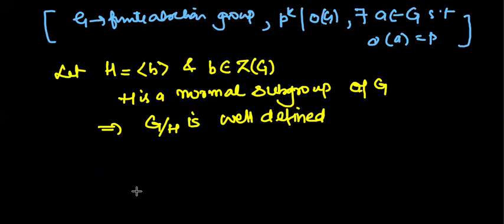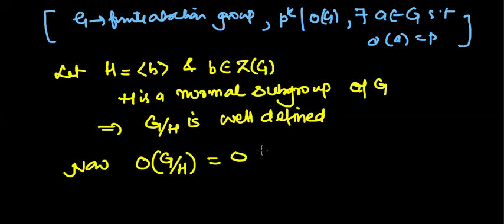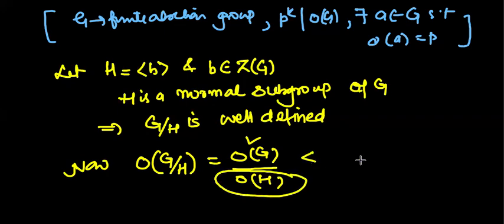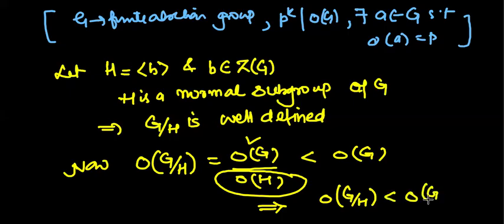Now order of G mod H can be written as order of G divided by order of H. So obviously order of G is divided by something. So this is always less than order of G. This means that order of G mod H is always less than order of G. Fine.